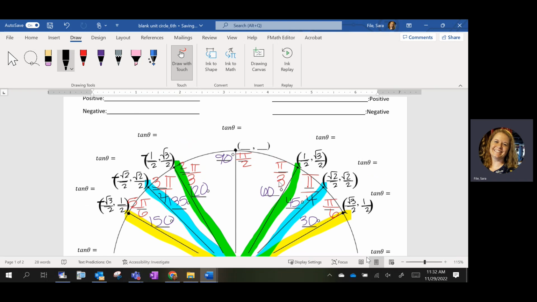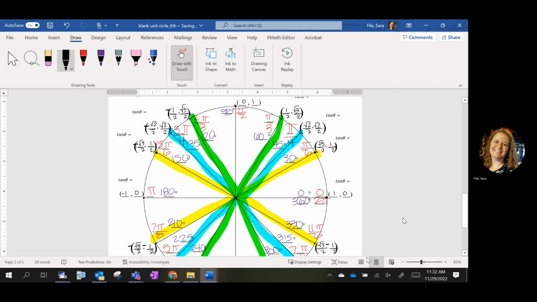So where is 60 degrees on here? What quadrant? Okay, quadrant 1, it's the green one, right? 60 degrees. So at this angle, what is sine? I know the ordered pair. Which one of those did we say corresponds to sine? The Y value.